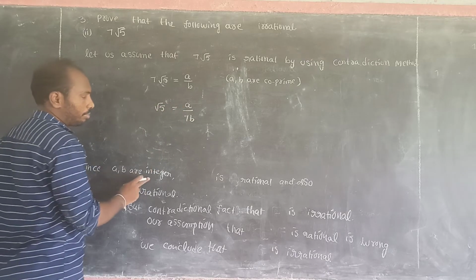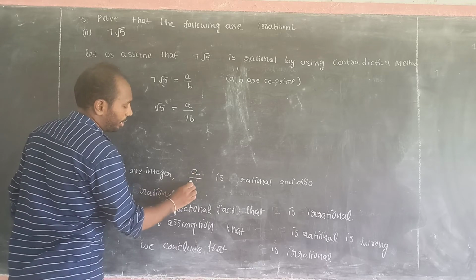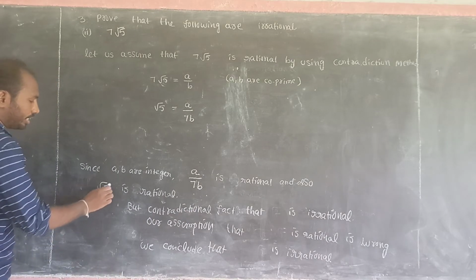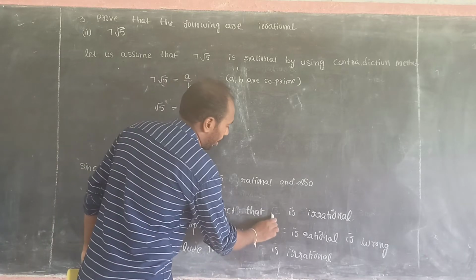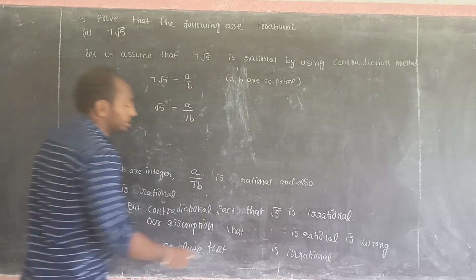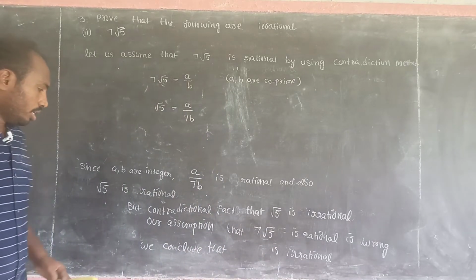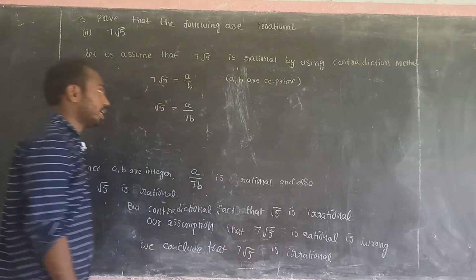Since a, b are integers, a by 7b is rational, and also root 5 is rational. But this contradicts the fact that root 5 is irrational. Our assumption that 7 root 5 is rational is wrong. We conclude that 7 root 5 is irrational.